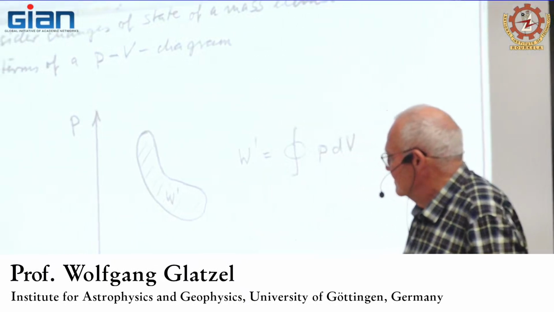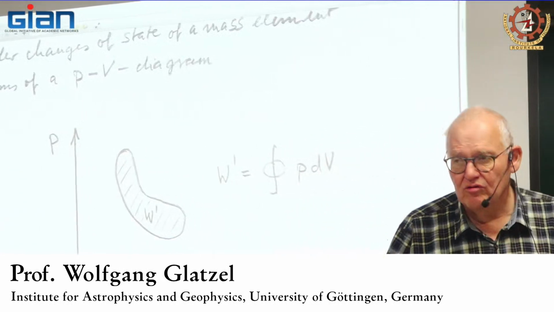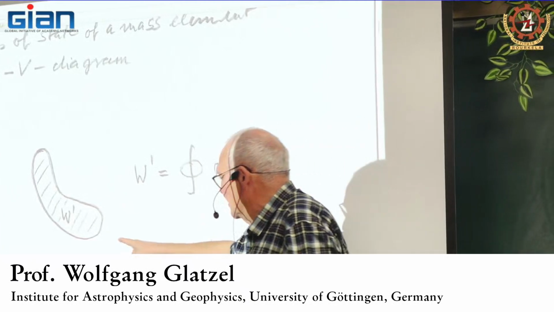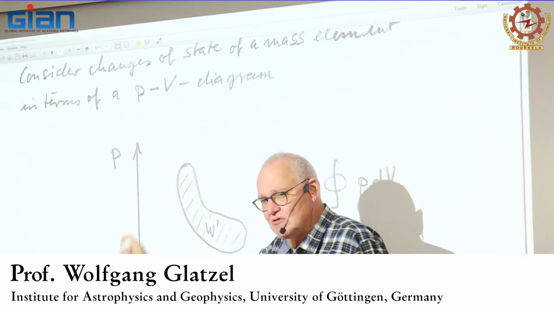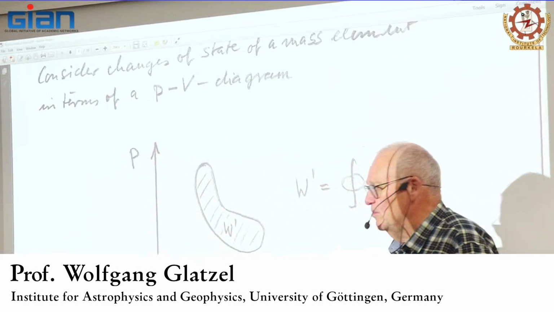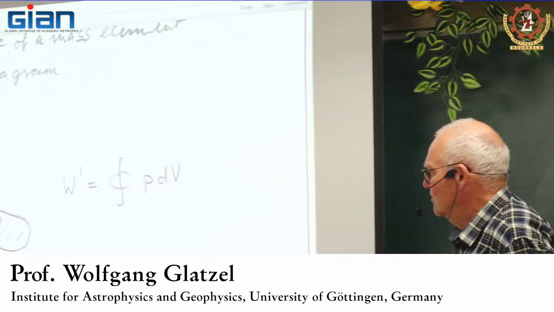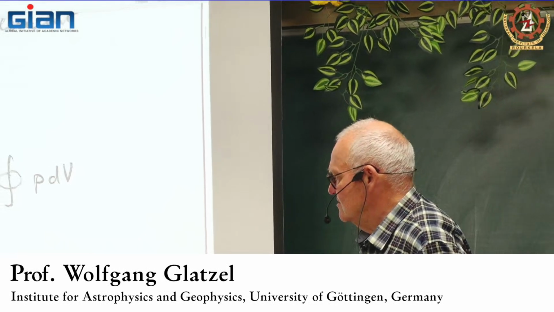Once we have a pulsation, usually this is a closed contour in the PV diagram. The pressure and volume start at some point and return again to the original point once we have a strictly periodic motion of our star or the mass element within the star.